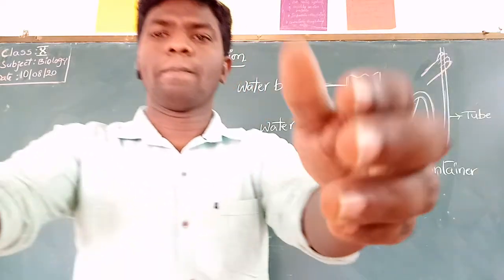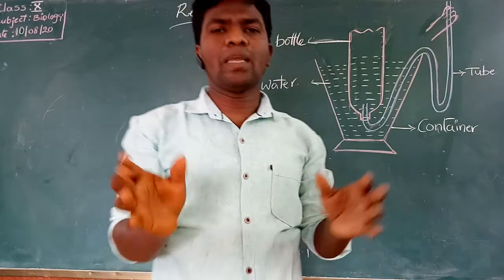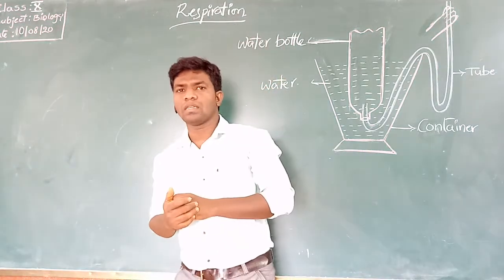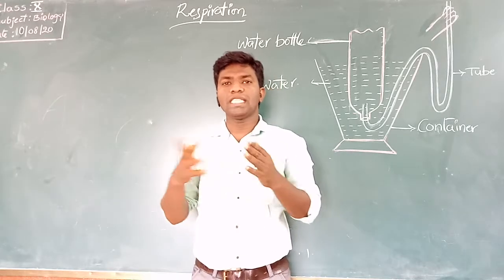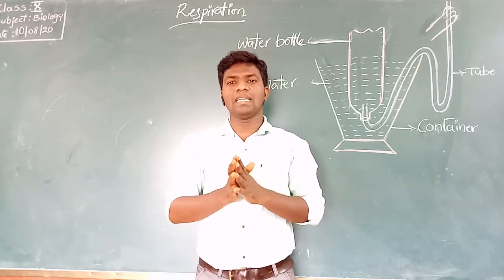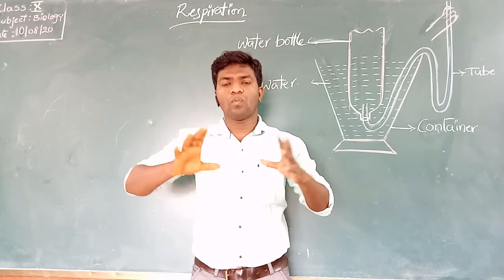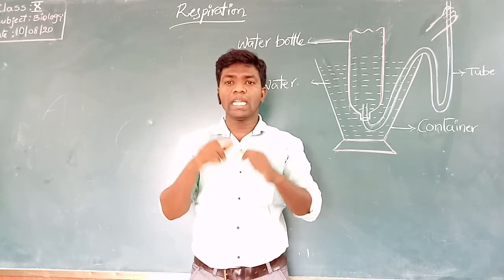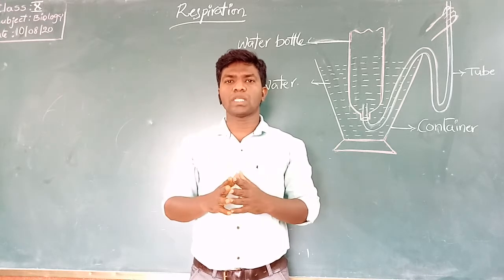Okay, do you understand? You learnt in the previous class what is meant by respiration. By this process of respiration, the energy is released in the form of ATP, adenosine triphosphate.